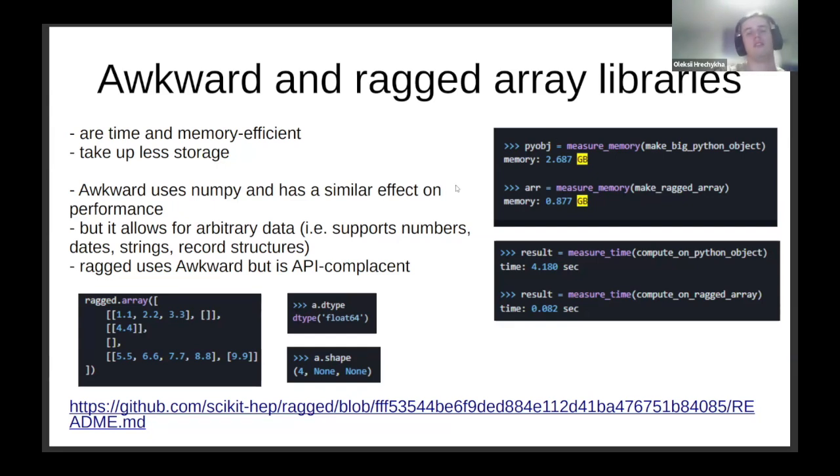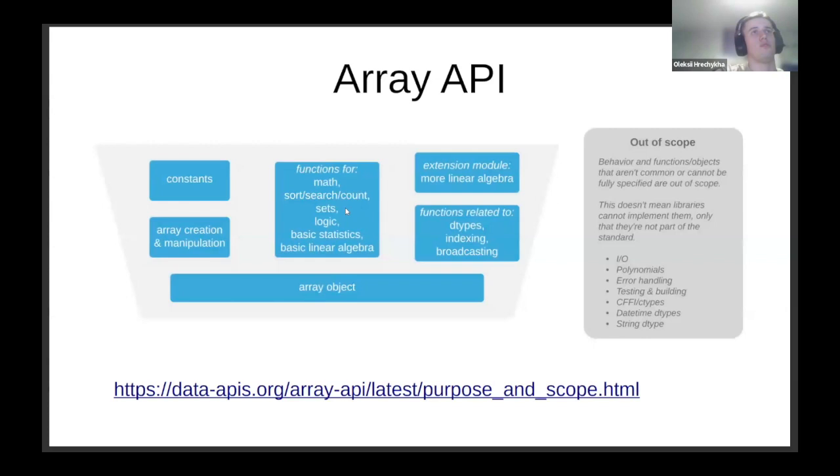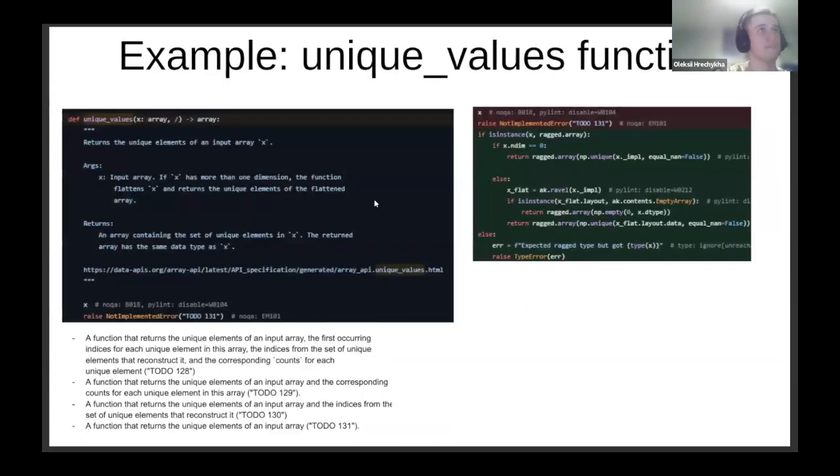And throughout my fellowship, I have been working on specific functions for the ragged library, the set functions. The specific functions that I worked on are of the unique branch. And as you can see here, this includes 4 functions, one of which returns the unique elements of an input array.